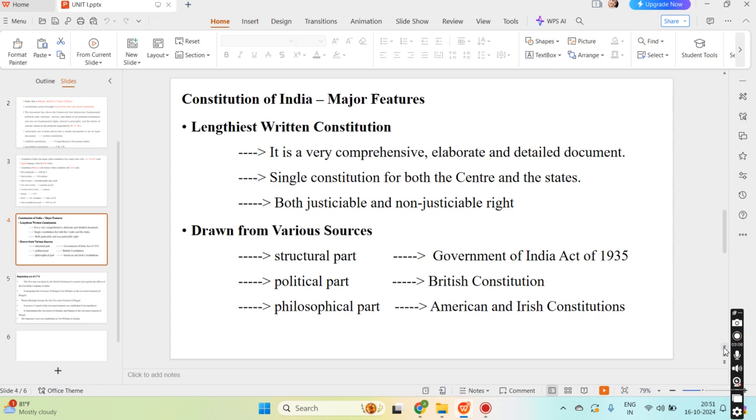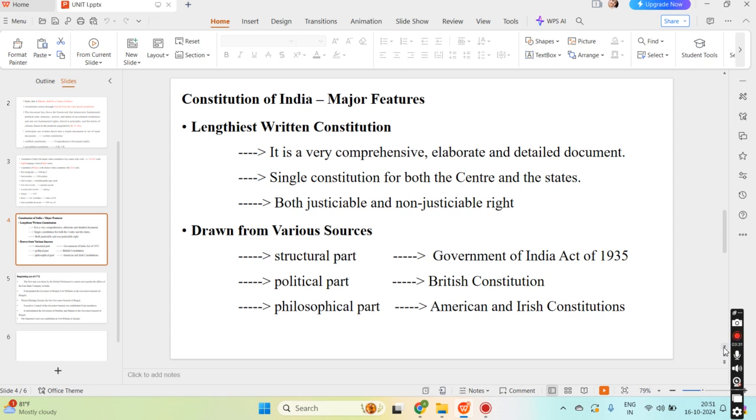Next is the Constitution of India major features. The first one is the lengthiest written constitution and the second one is that it is drawn from various sources. The first point, lengthiest written constitution, because it is a very comprehensive, elaborate and detailed document that contains each and every rule and regulation that we follow in the current situation.